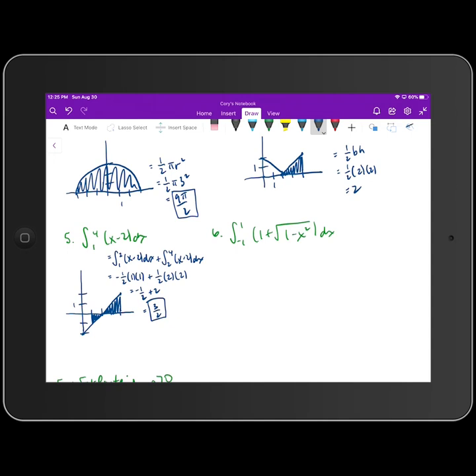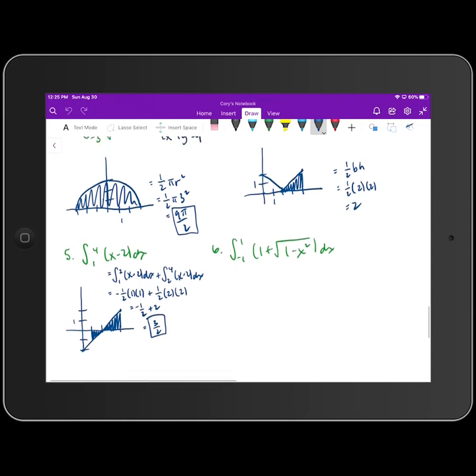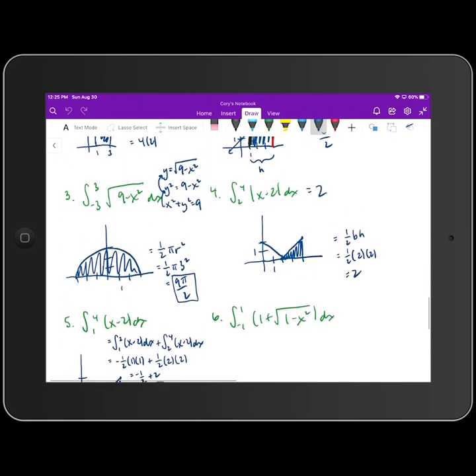Okay, when we look at number 6, number 6 is the integral from -1 to 1 of 1 plus the square root of 1 minus x squared. Well, that should look similar to what we had in example 3. We have the square root of 1 minus x squared, which should be the top half of a circle centered at the origin with radius 1.